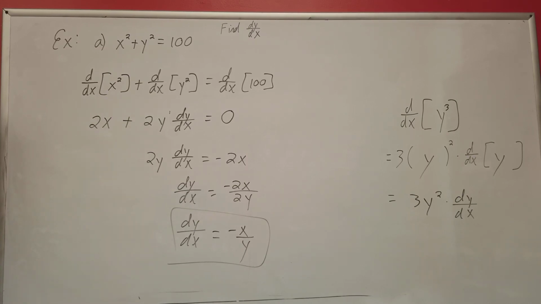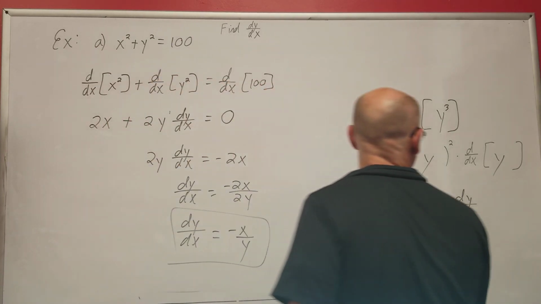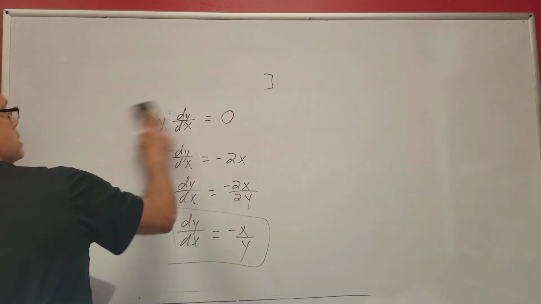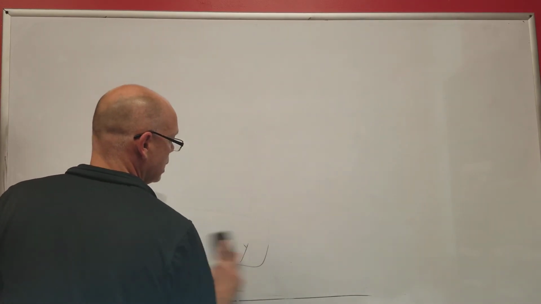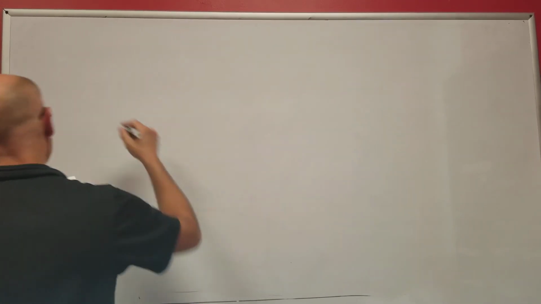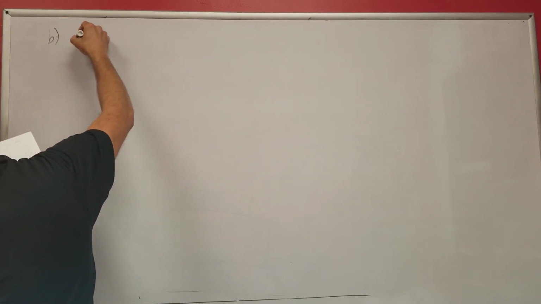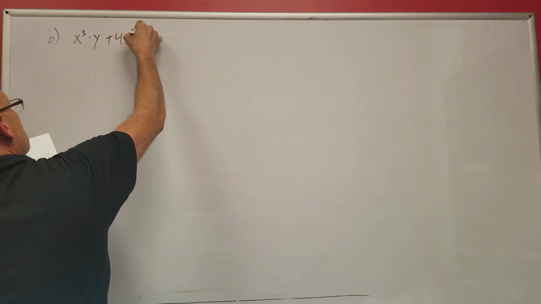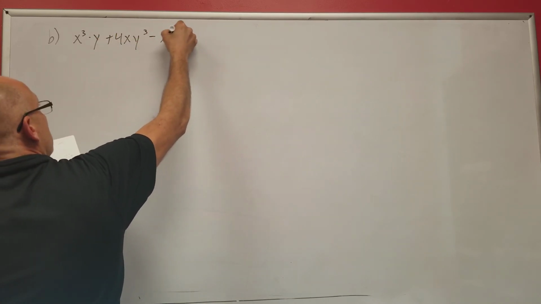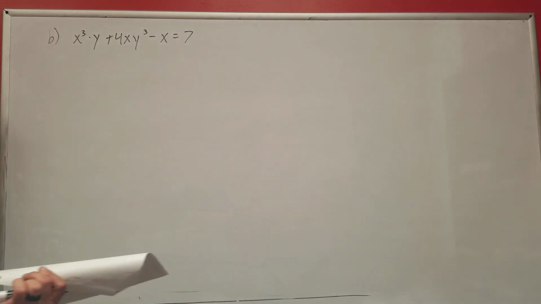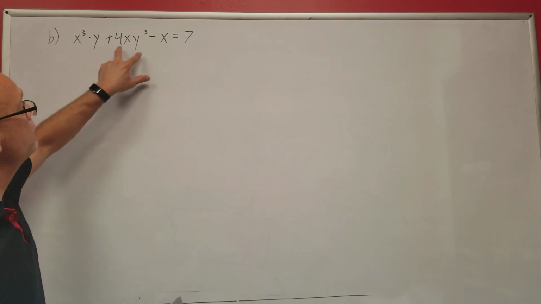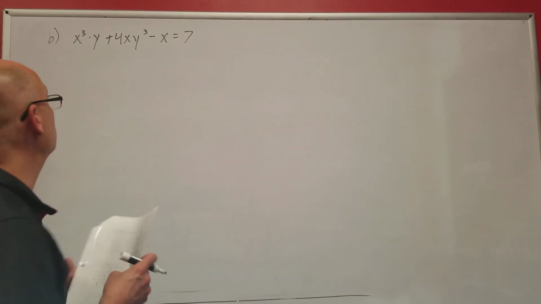All right, let's look at part B. I'm going to need to erase this for part B. So I'm going to need some room for B. B has the same direction, so find dy over dx by implicit differentiation. Part B, we're going to have x cubed times y plus 4x y cubed minus x is equal to 7. All right, so let's go ahead and take the derivative of this term, this term, this term, and this term, okay?